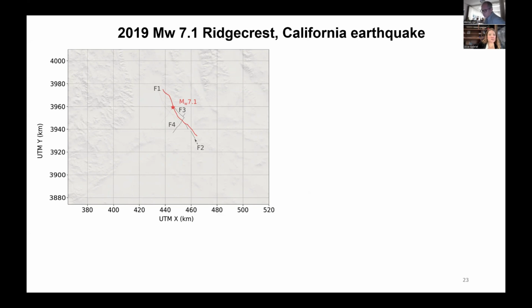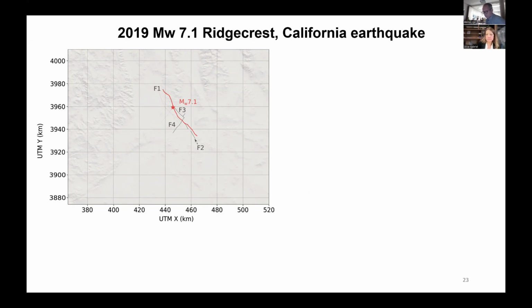Before our work, there were already very interesting dynamic rupture models that are constrained with rich data, including the velocity model, the stress field, the seismometers, and also geodetic data.